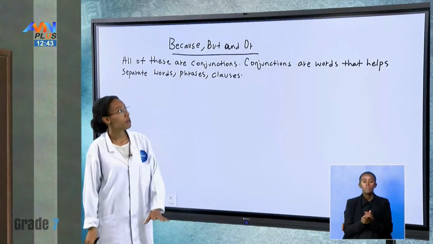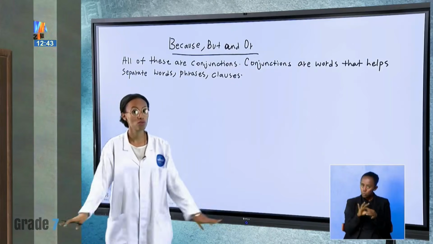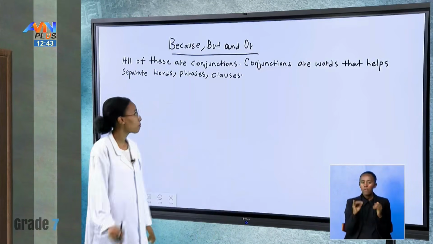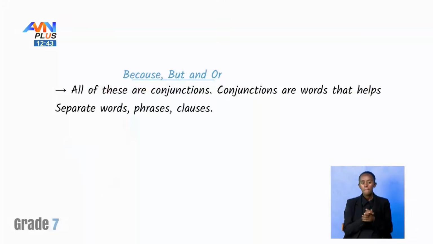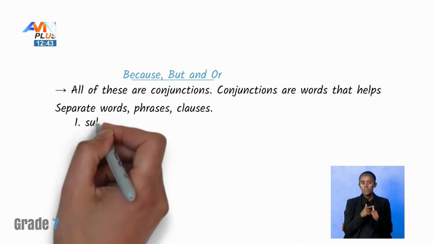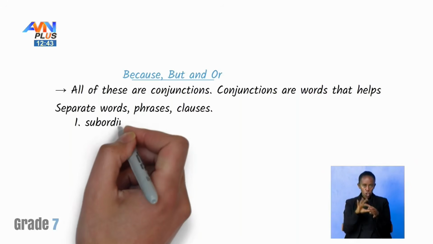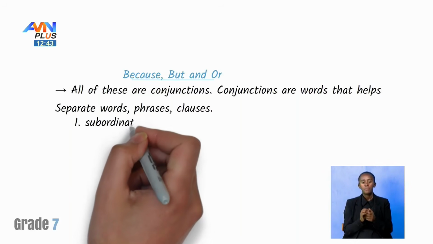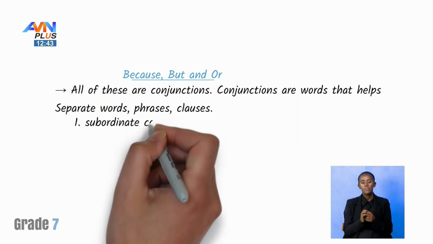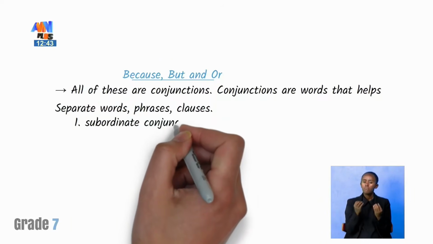We also classify conjunctions into two forms. The first one is subordinate conjunctions. There are a lot of them.